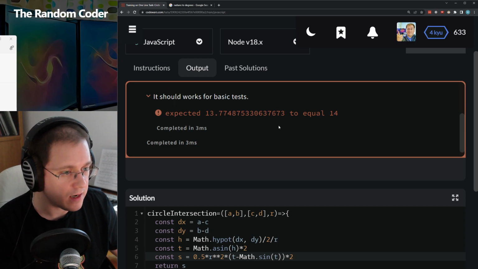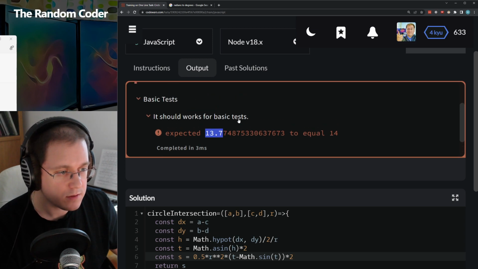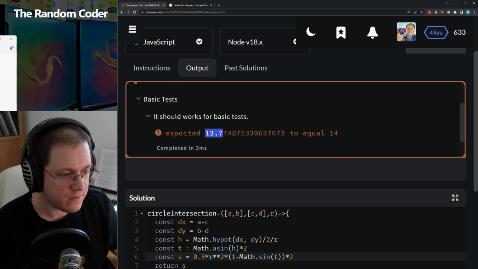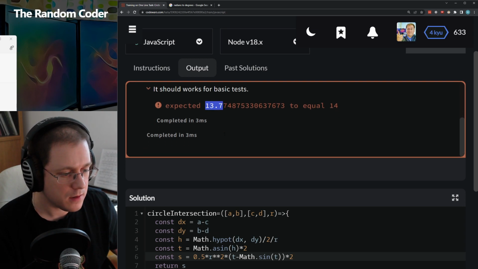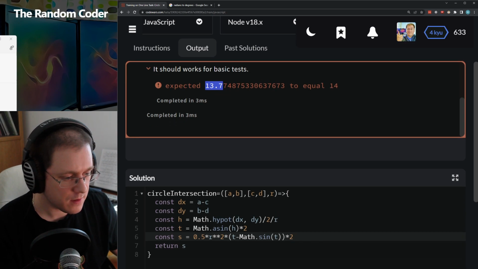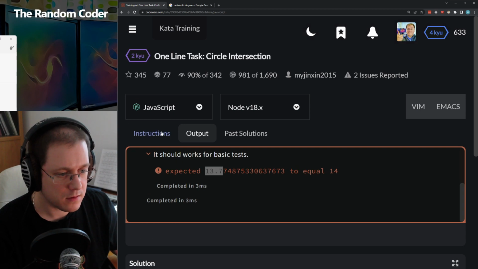It's still failing. Right. Expected this. So that looks roughly correct. There's some rounding involved, I think.